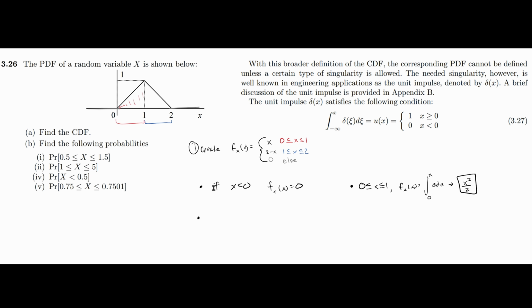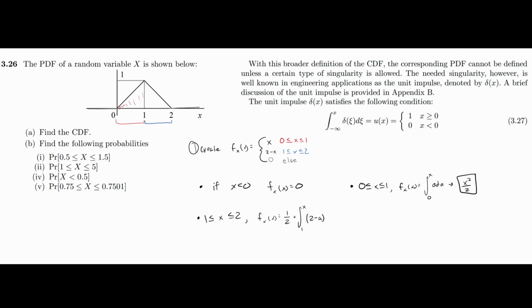In the next one, we're going to go from 1 being less than or equal to x, and x is less than or equal to 2. So with this, we have our f of x is equal to our previous value, x squared over 2, but we put our 1 in, so we're going to have a 1/2 plus the integral from 1 to x, just some x value, of 2 minus a, and that's just from here, just like our x was from there earlier.